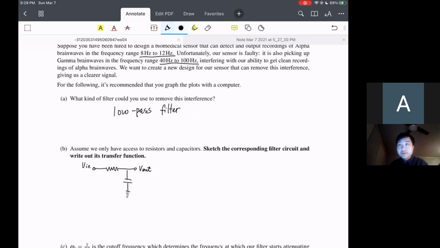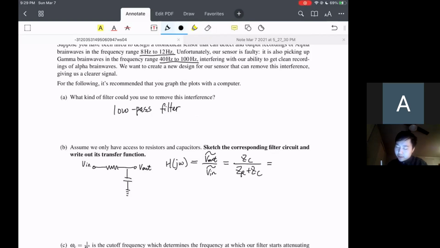So to write out its transfer function, we know that H of j omega is equal to V out tilde over V in tilde. Okay. So as we know in phasor domain, this circuit is just a voltage divider. And so this is equal to ZC, the impedance of the capacitor, over ZR plus ZC, where ZR is the impedance of the resistor.